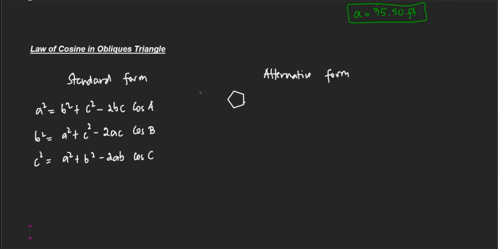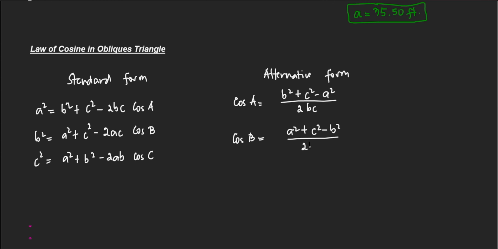Now proceed tayo kay alternative. So we have cos A. So we have b squared plus c squared minus a squared over 2bc. So we have also cos b equals to a squared plus c squared minus b squared over 2ac.